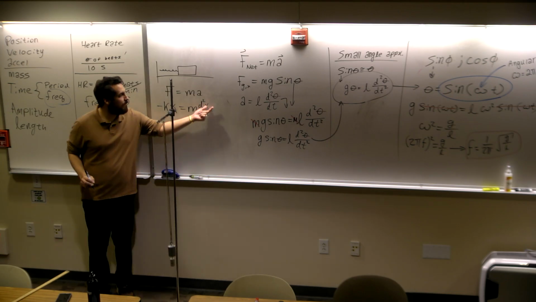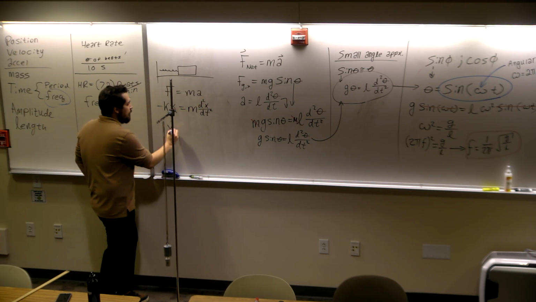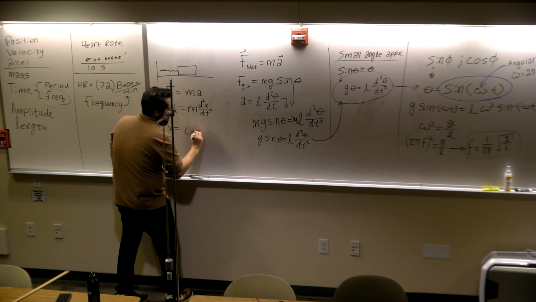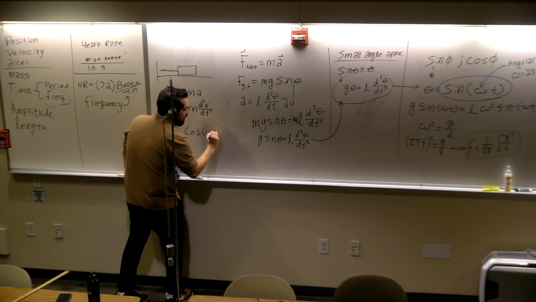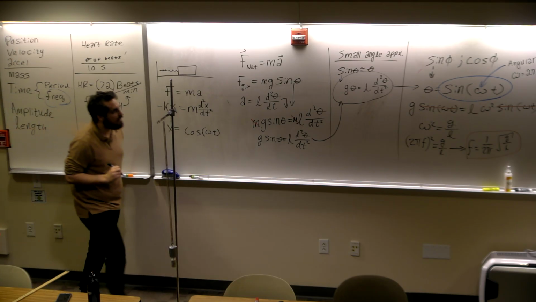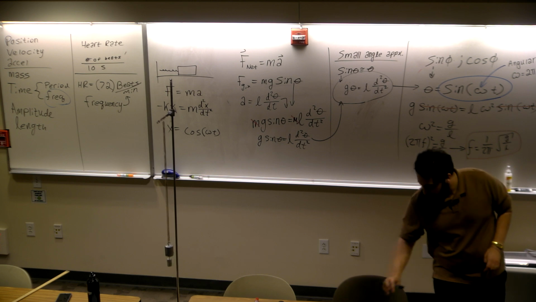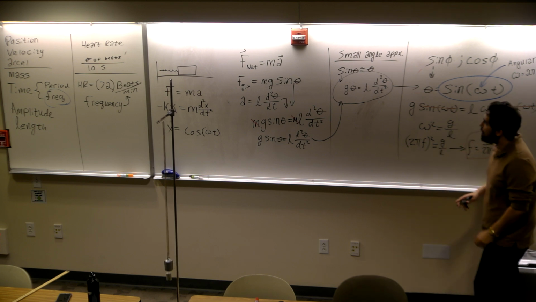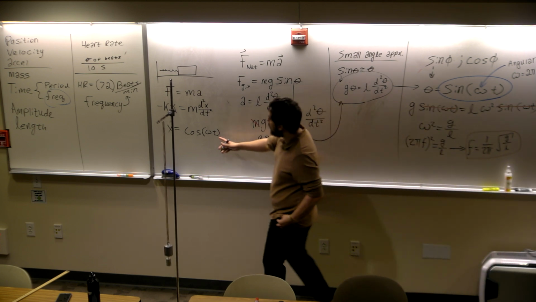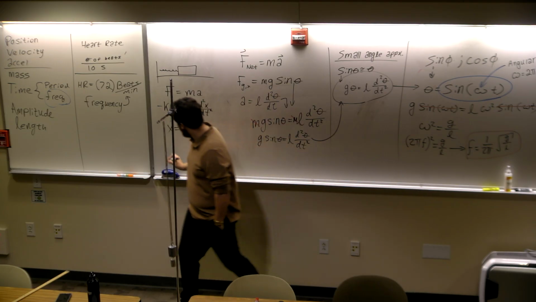That's good. When we take a look at this again, the only thing that can describe this motion, where we take the derivative of something twice and get itself back with a negative, is a sine or a cosine. So I say x is equal to cosine omega t, just like I did over here with theta. I said theta sine omega t, I could have used cosine. You follow through with the same exact mathematics, you plug in cosine, you take the derivative of it twice, plug in cosine to kx.